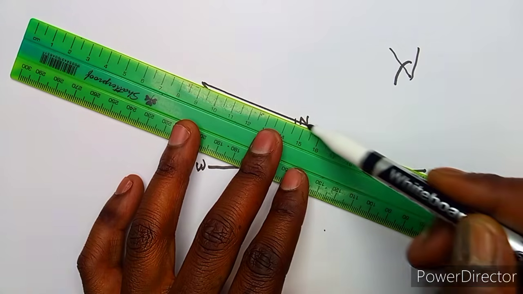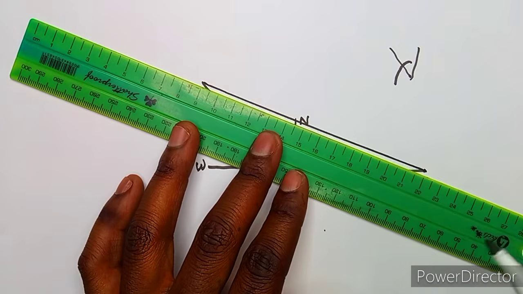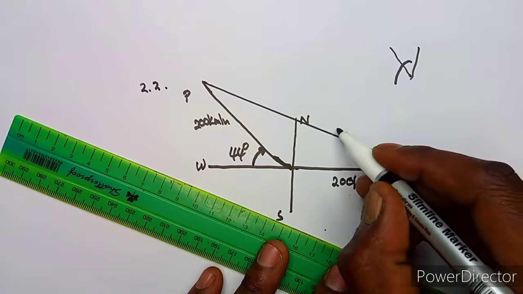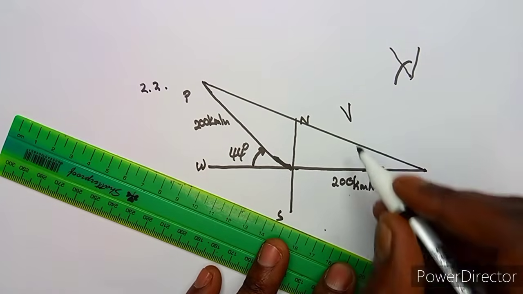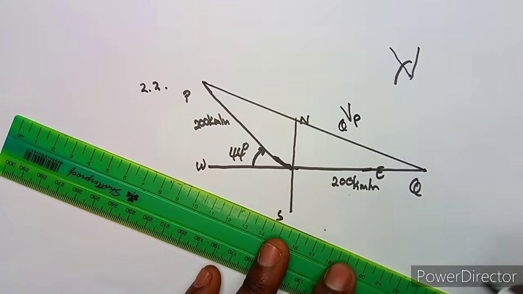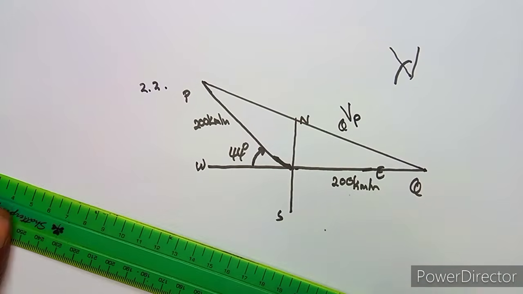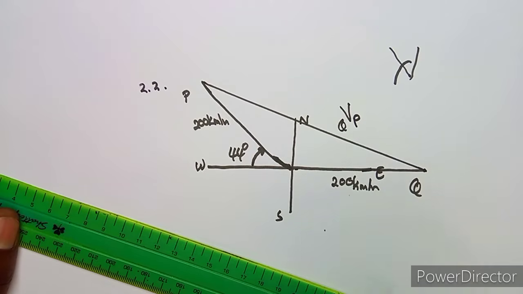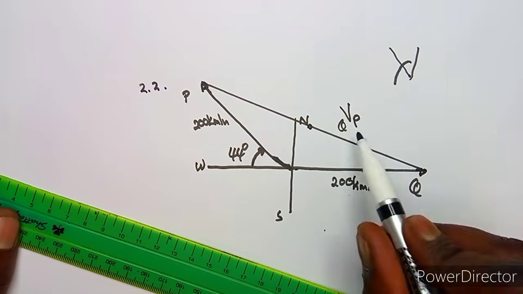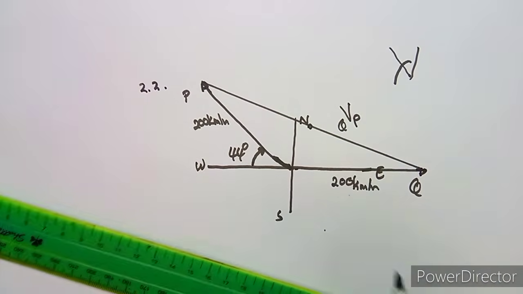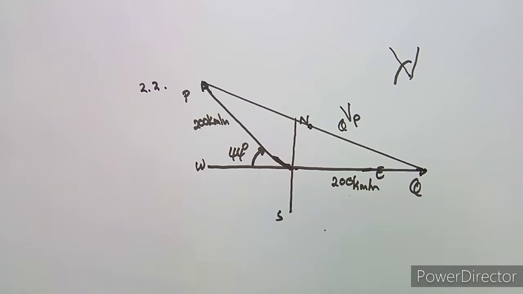So we are going to have here our velocity, Q relative to P, which is going in this direction and also this direction. So we need to find the value of the velocity here, and definitely we also need the direction.